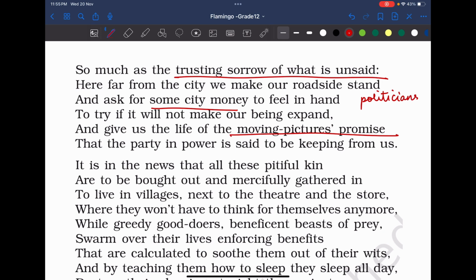They promised them the moving picture, that is a king's life, like a good life, the life that you see on TV. That was the life these politicians promised, but they are just keeping away from us.